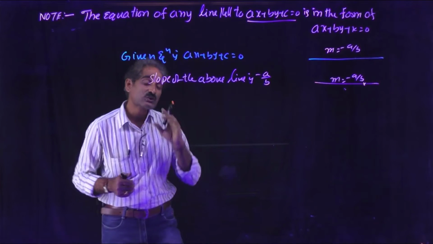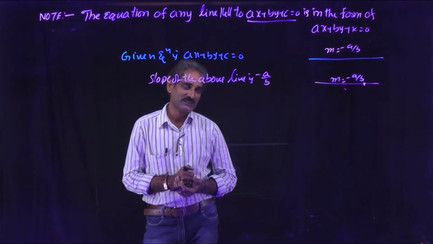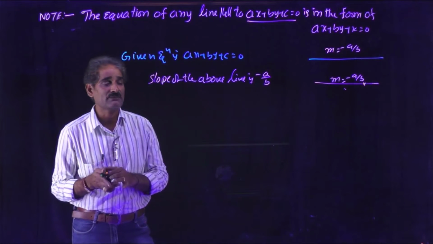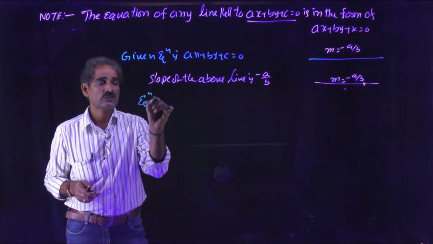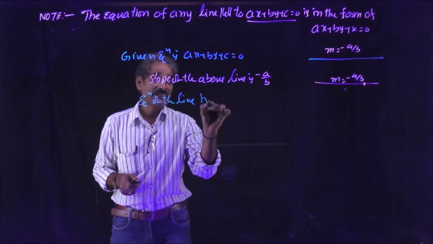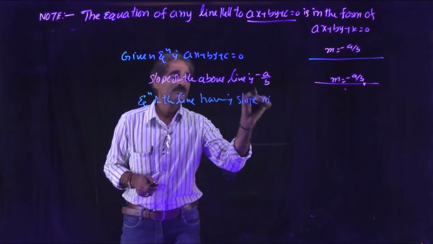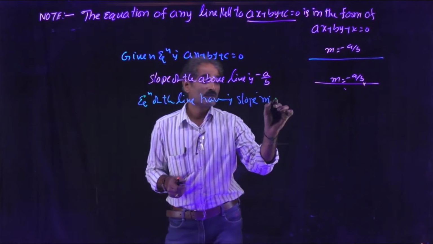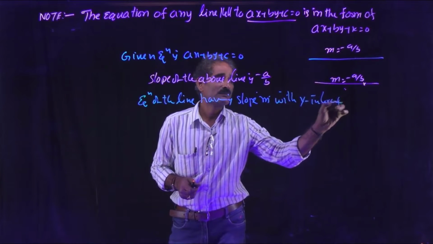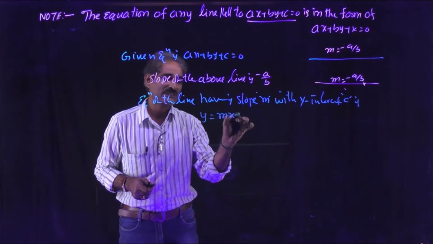So what is the slope intercept form? Slope intercept form: y is equal to mx plus c. If you have a slope m with y-intercept c, then the equation of the line is y is equal to mx plus c.